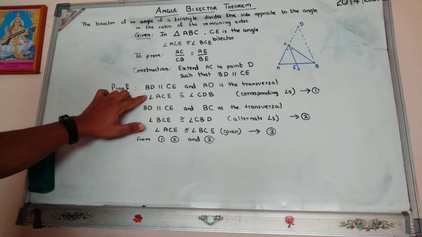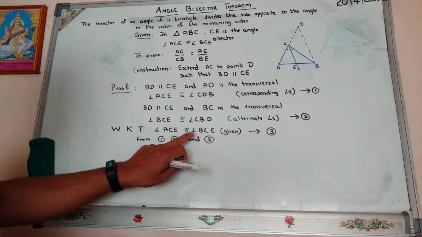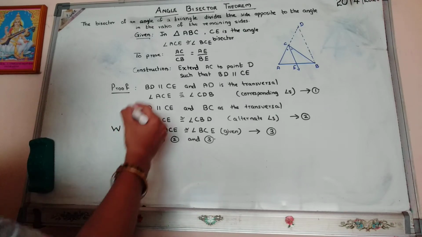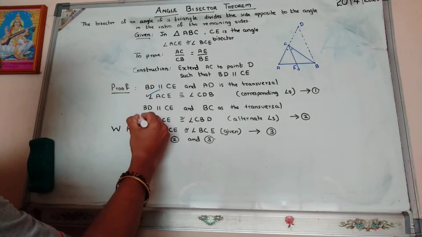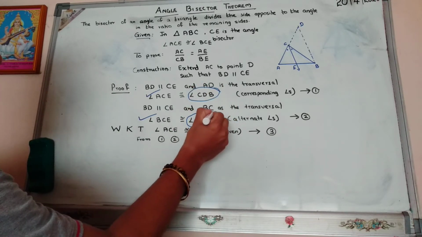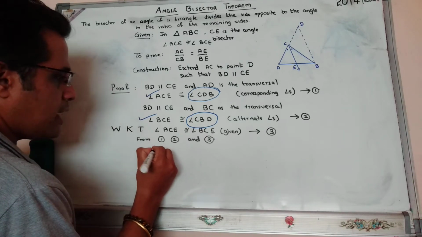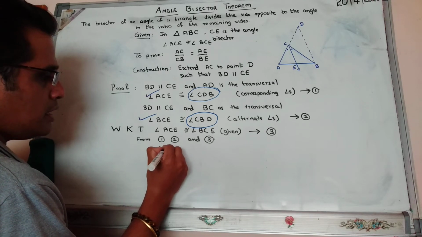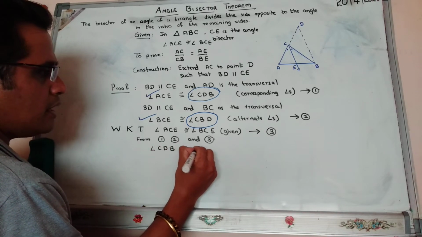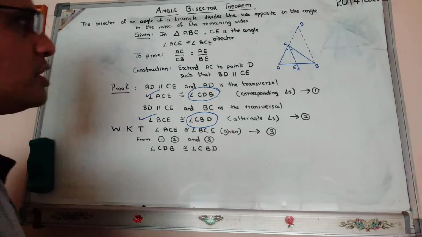Equation number 1, angle ACE congruent to angle CDB. Equation number 2, BCE congruent to CBD, and equation number 3, ACE congruent to BCE. So ACE and BCE are congruent, so these two become congruent. Okay, so from 1, 2 and 3 I get angle CDB congruent to angle CBD. I am getting these two angles as congruent.